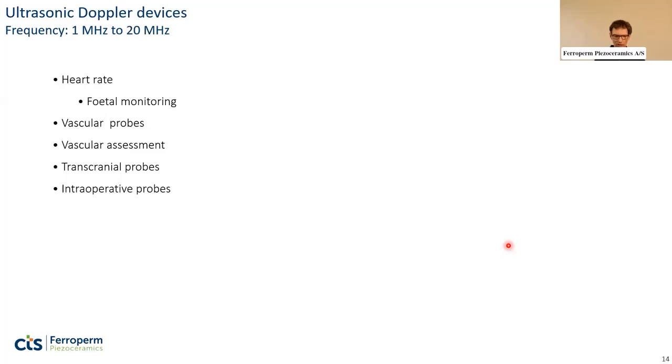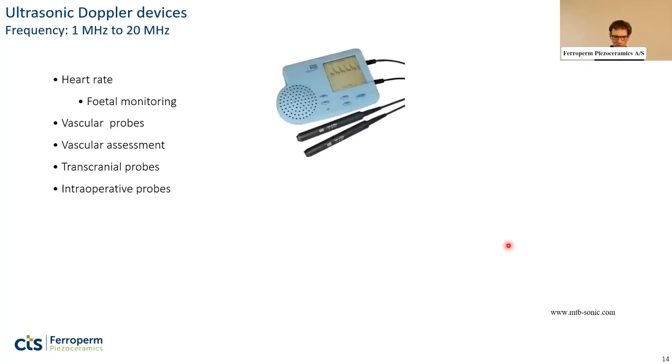Next application I'll show is ultrasonic Doppler devices for the medical field. So one example is for measuring the heart rate. This is one case of a Doppler measurement device for fetal monitoring. So you can actually detect the heartbeat of the fetus of a pregnant woman.